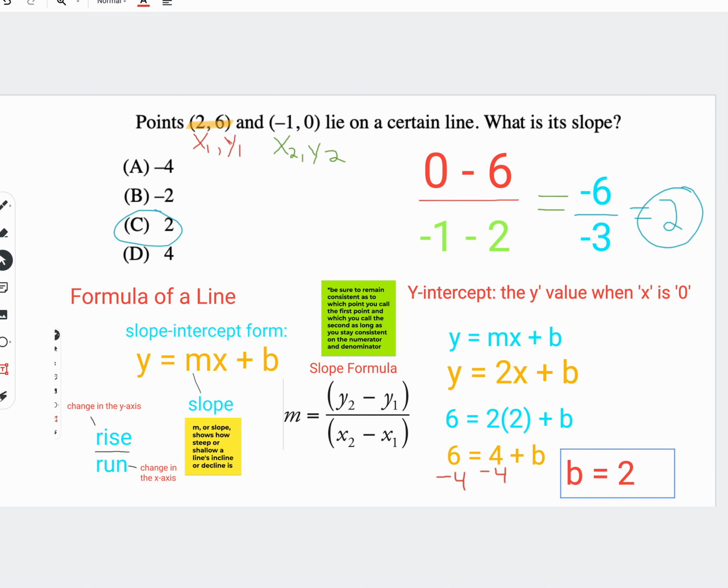So our final equation to the line containing all of these points will be y equals 2x plus 2. And this will be finding the y-intercept, or y value when x is equal to 0.